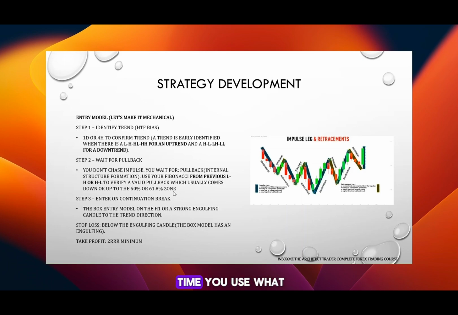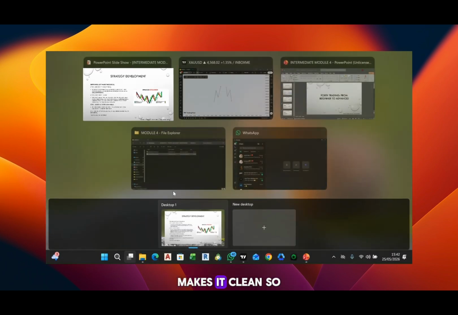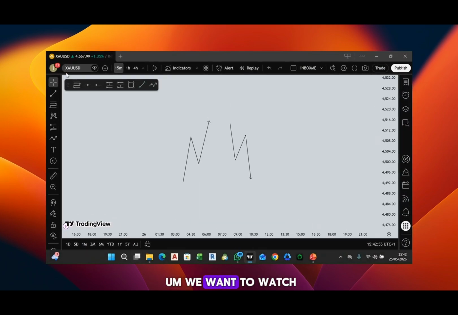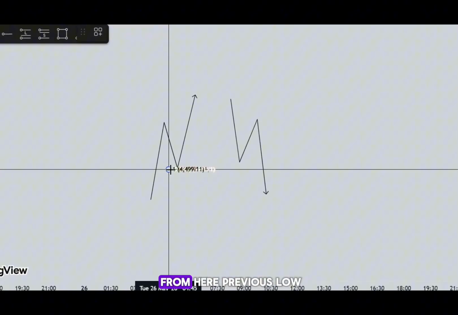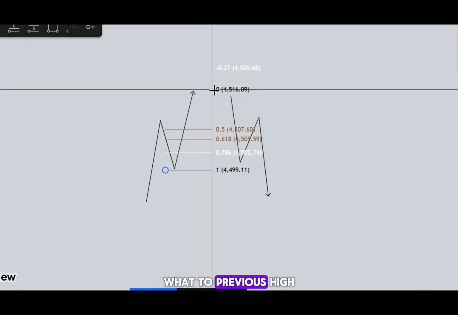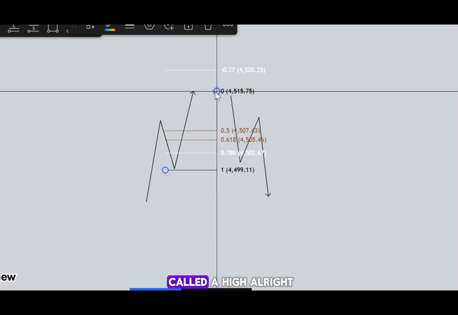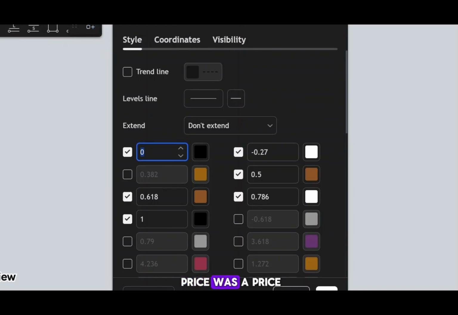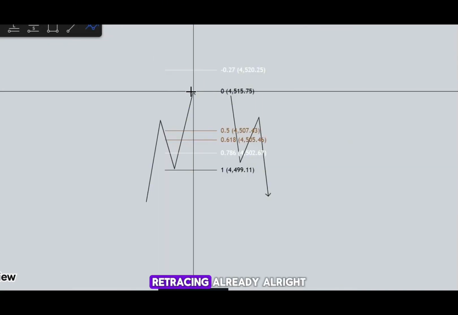Many times, if I'm trying to catch the impulse move of a structure, I always use my Fibonacci. It makes it clean. So we want to use Fibonacci from here, previous low to previous high. You need to see price must have been retracing already.